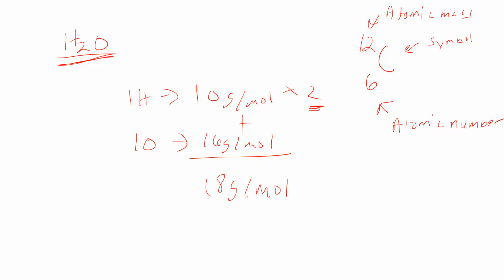We're also going to talk about what each one of these consists of as far as protons, neutrons, and electrons. But this is the atomic mass. You may also see it written differently depending on what periodic table you use. Remember, the larger number is always going to be the atomic mass.